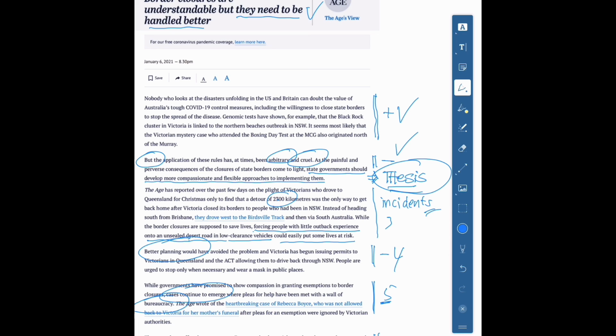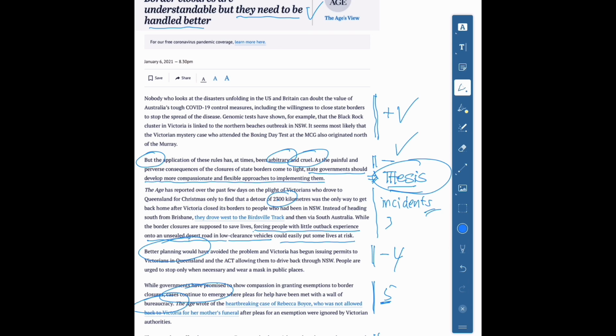This is the core, the main point of the editorial, and the parts after that are the background information, examples of what the editorial is looking at, that is the implementation of border closures that needs improvement.